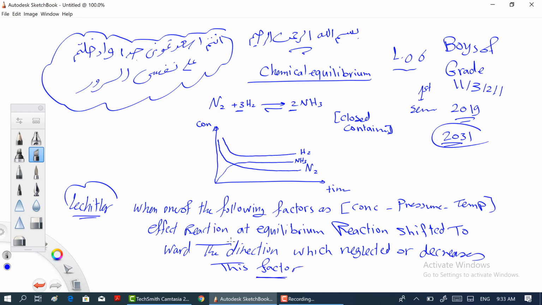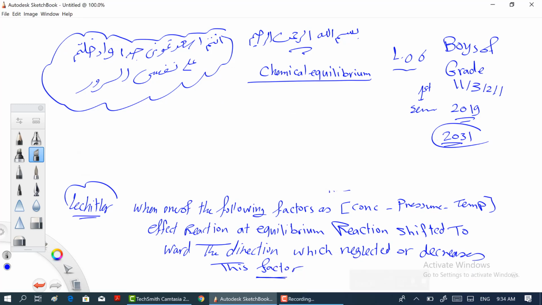Let's explain it. One of the factors affecting the reaction at equilibrium may be concentration, may be pressure, may be the temperature. We are going to talk about them according to the examples. In this time, we'll find the reaction shifted toward the direction which neglects or decreases these factors. Let's give an example.